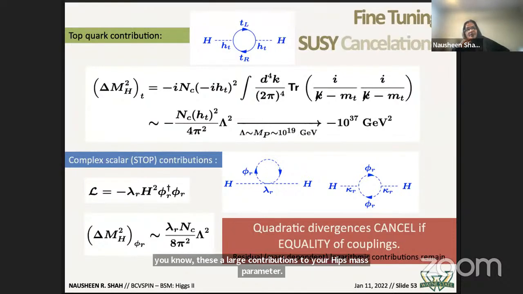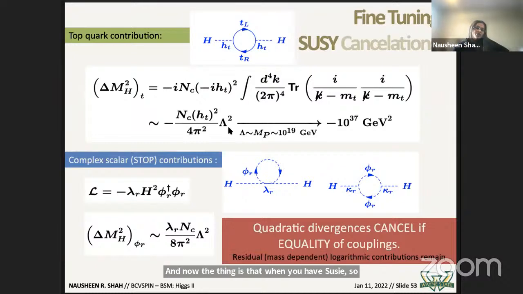And now the thing is that when you have SUSY, the top quark is the standard model particle which has the biggest coupling to the Higgs, but you also will have the stop, which is a complex scalar, a superpartner, and it'll also have exactly the same coupling to the Higgs.